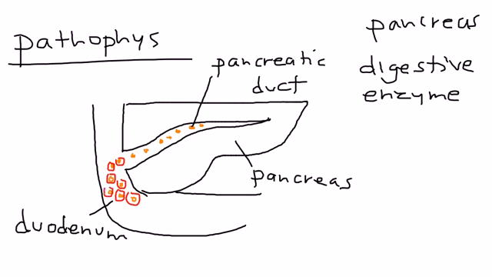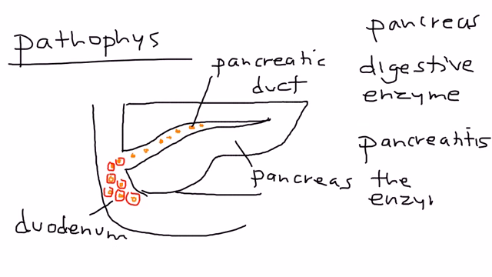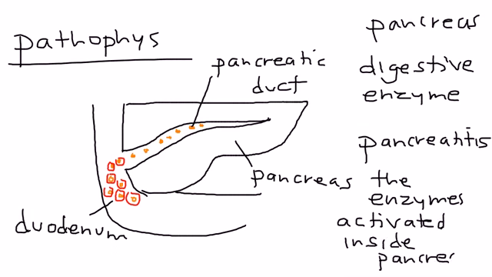Now, what happens in pancreatitis is that these enzymes are actually activated while they're inside the pancreas. And what that does is it leads to damage of the actual organ itself. So instead of this scenario, you have a scenario that's more like this.